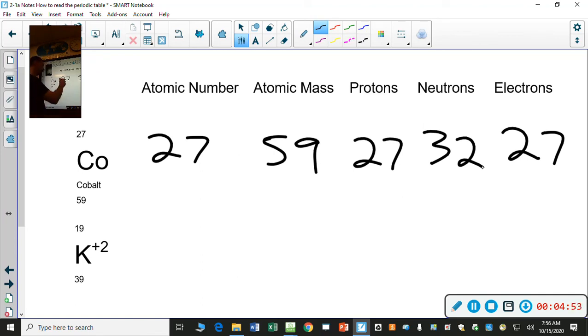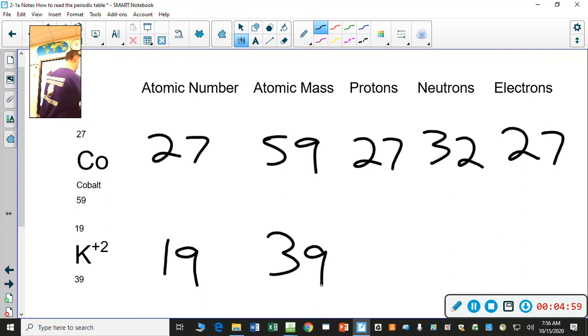So the atomic number, once again, is 19. So just extract that information. Atomic mass, 39. This is where it differs. So if we have a +2 charge on potassium, it's not going to have the same number of electrons.